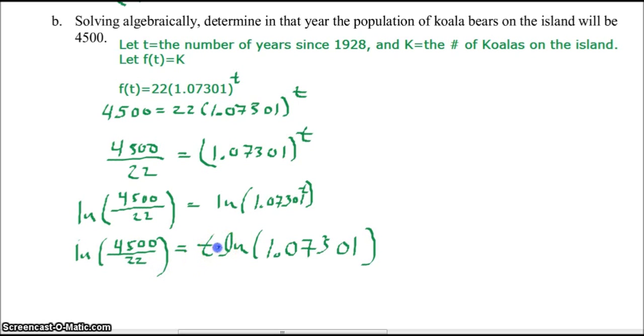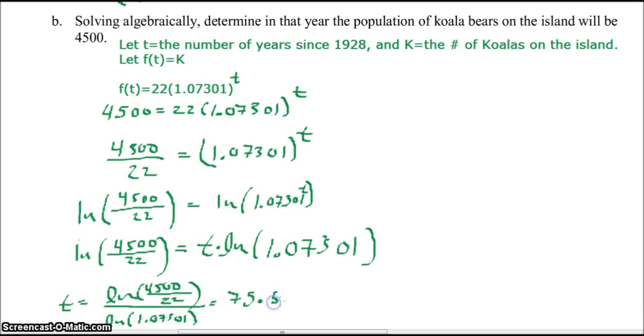Okay, so now t is multiplied by this natural log. We can divide by that and get t all by itself. Natural log of 4,500 over 22 divided by natural log of 1.07301, which is somewhere around 75 and a half.